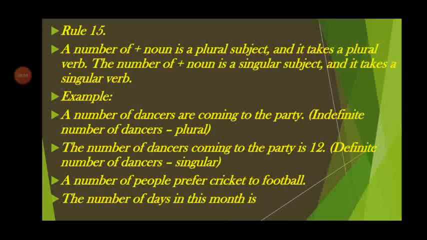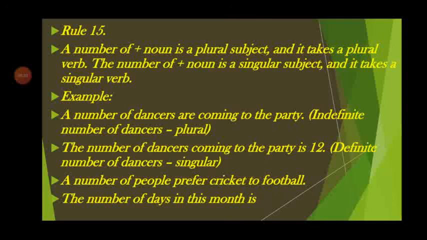After of, if the noun is singular, the verb is also singular. For example, a number of dancers: dancers is plural, so the verb is also plural. Are coming to the party. Then, the number of dancers coming to the party is 12.